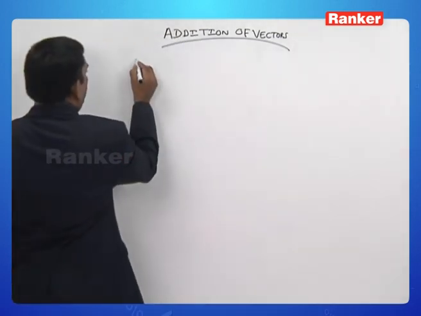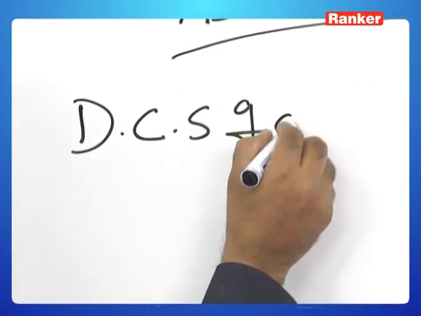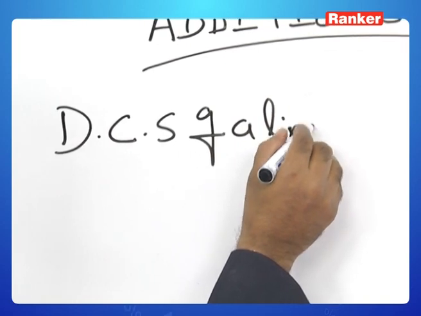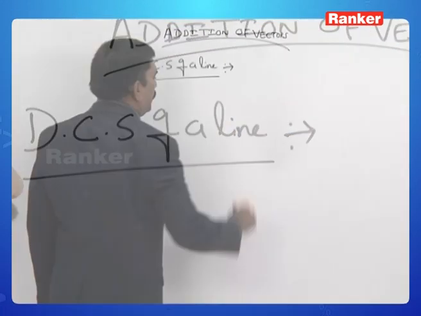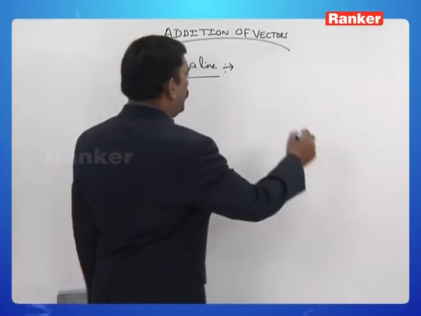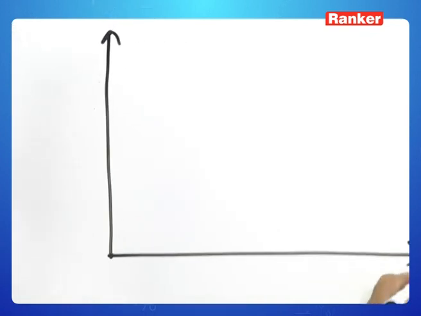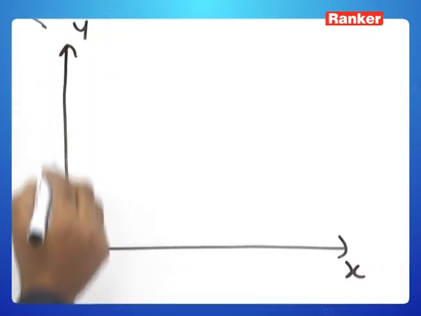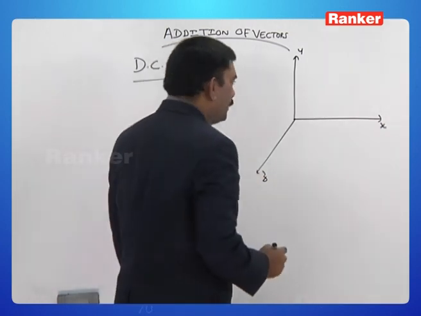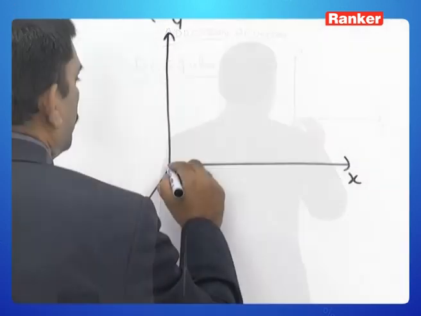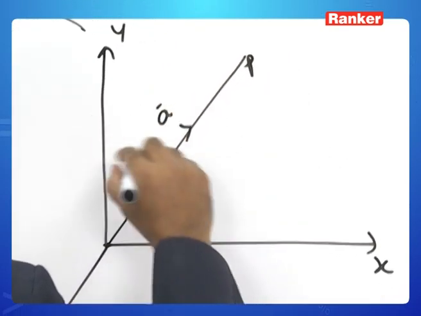Now, DCs of a line. Considering the x-axis, y-axis, z-axis, suppose OP is equal to A bar.